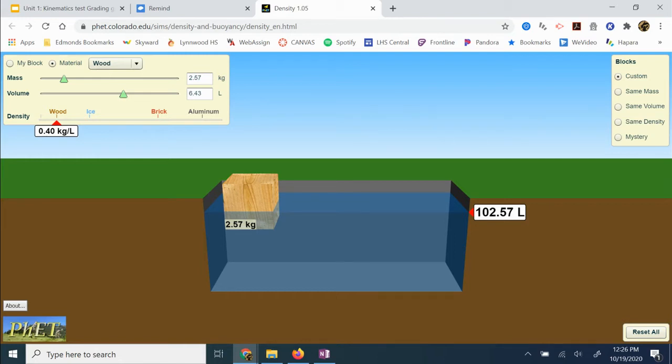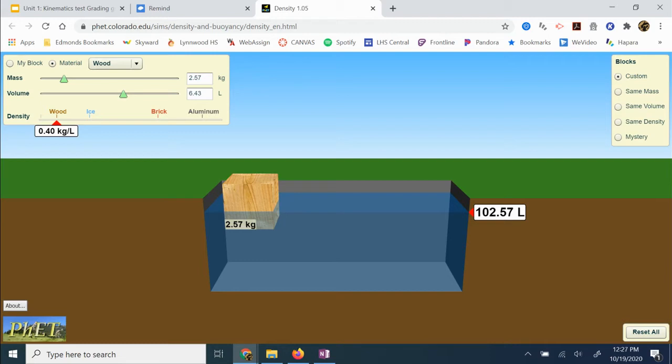The next thing I'm supposed to do is change to styrofoam. Styrofoam has a density of 0.15, and I need to predict, will it float on the water? Let's think back to what we just talked about in number 4. The density is 0.15. Is that going to float or not?